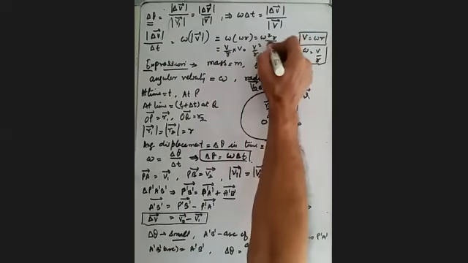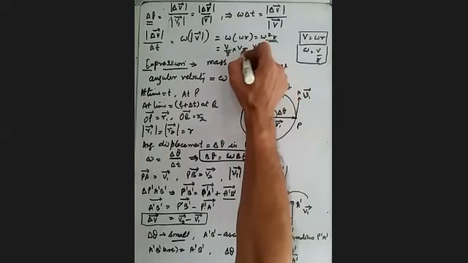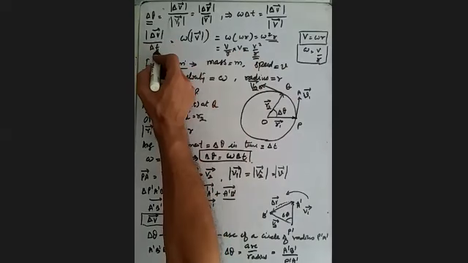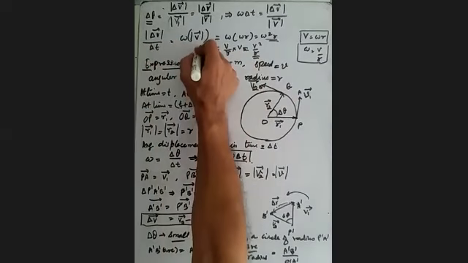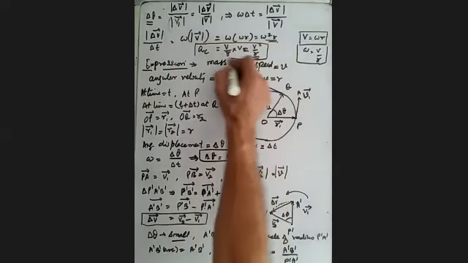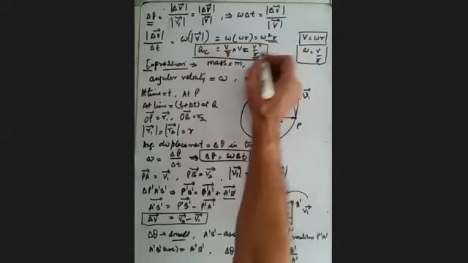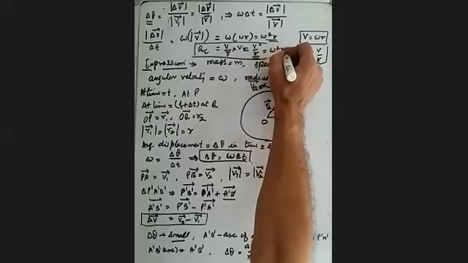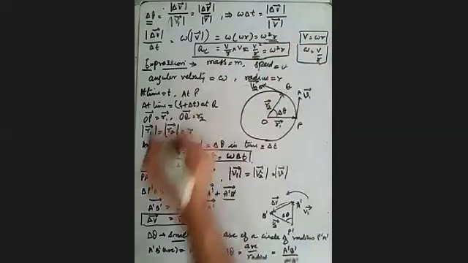Now what is this? This is change in velocity per unit time. So it is acceleration, which is centripetal acceleration. So we get an expression for centripetal acceleration equal to v square upon r, or equal to omega square r.